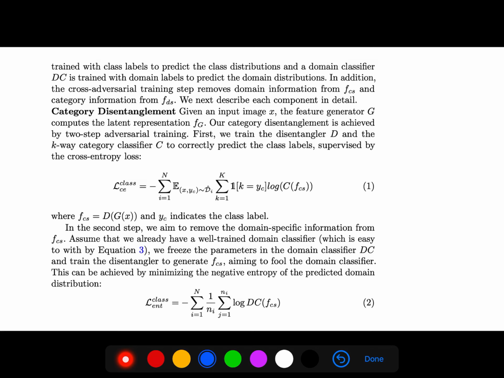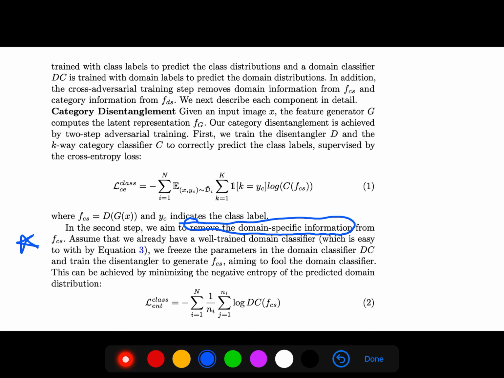In the second step, this step is very important. We aim to remove the domain-specific information from F. Assume that we already have a well-trained domain classifier. We freeze the parameters in domain classifier and train this.